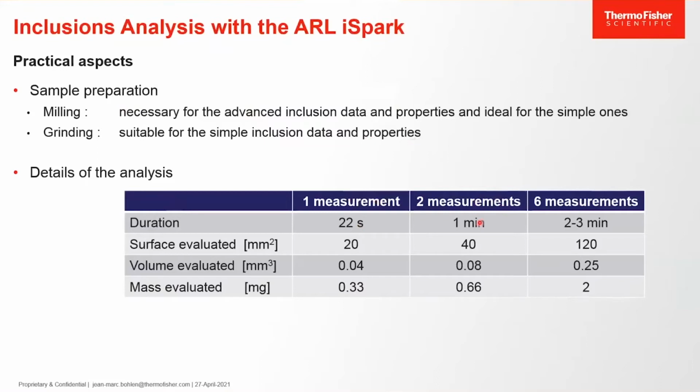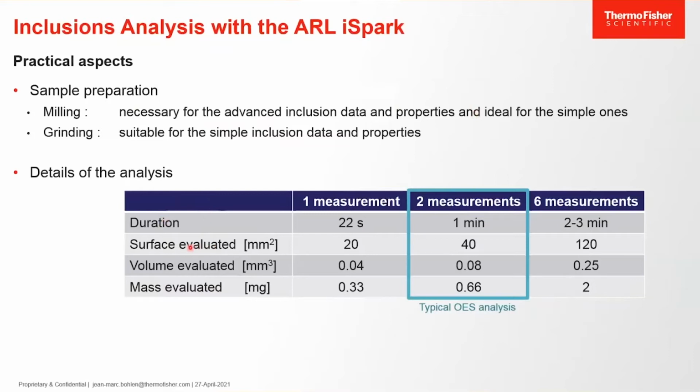For two measurements, about one minute is needed. Two measurements is typically the type of analysis that steelmakers are used to doing on the steel samples in production control. So in this case, one minute is still the time necessary, like for normal optical emission analysis.